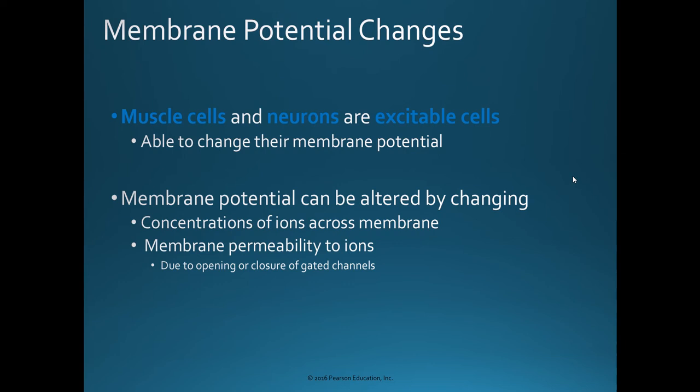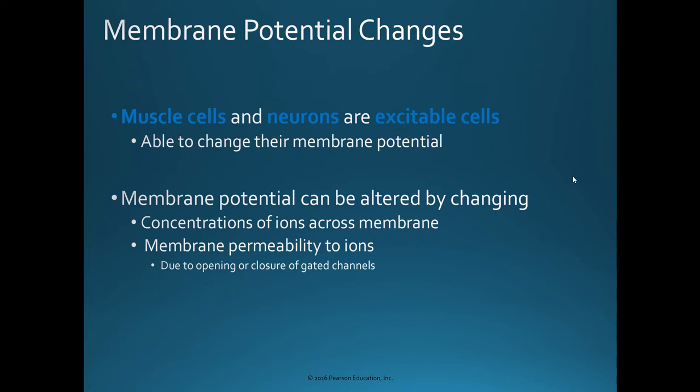And they change their membrane potential by changing the ion concentrations across the membrane. To change the ion concentrations across the membrane, you have to change the permeability of that membrane to these different ions. So we're going to open and close some gated channels and give these ions essentially more doors that they can move through.